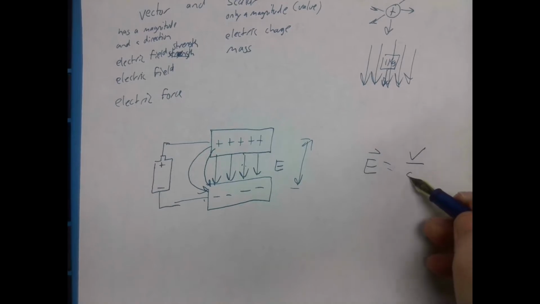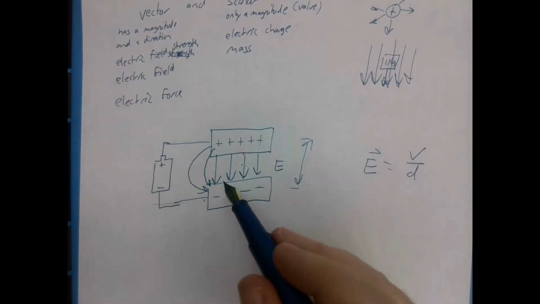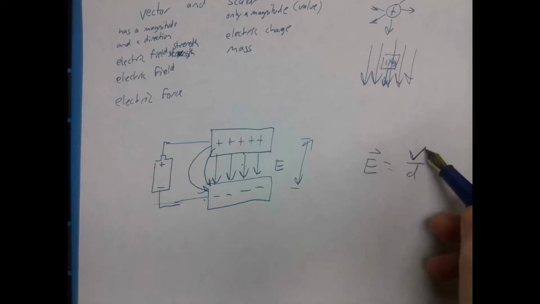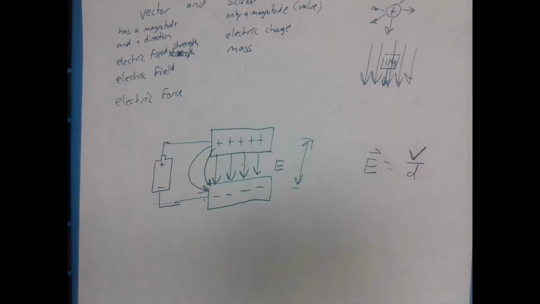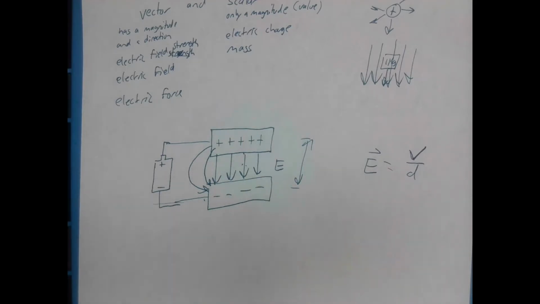It's voltage over distance. If I increase the voltage, the electrical field would increase, so voltage goes in the numerator. If I increase the distance, it would decrease, so distance goes in the denominator. They're linear in voltage and inversely linear in distance, and area doesn't make any difference.